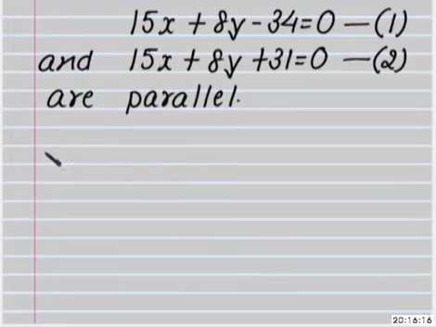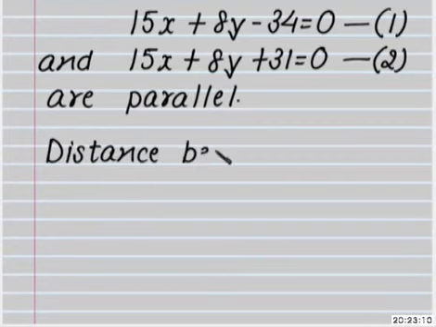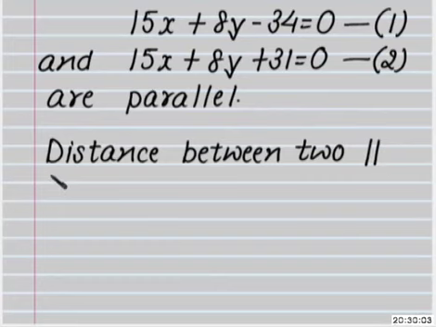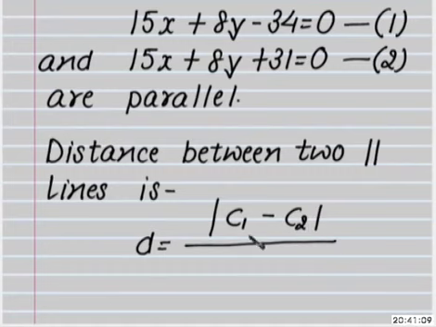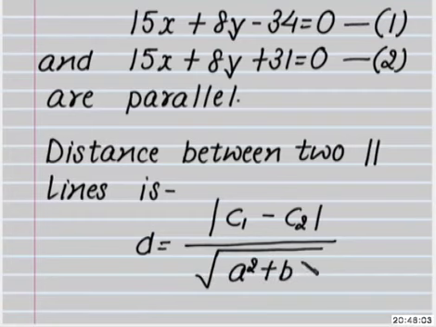As we know that distance between parallel lines is given by D equal to modulus of C1 minus C2 divided by square root of A square plus B square.